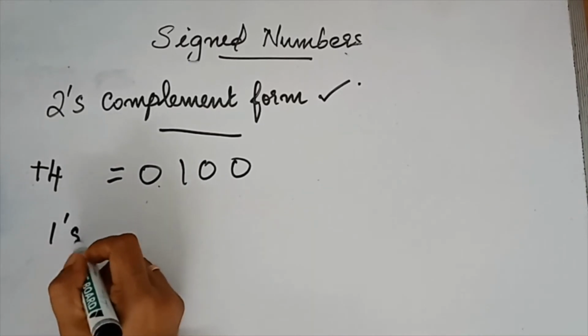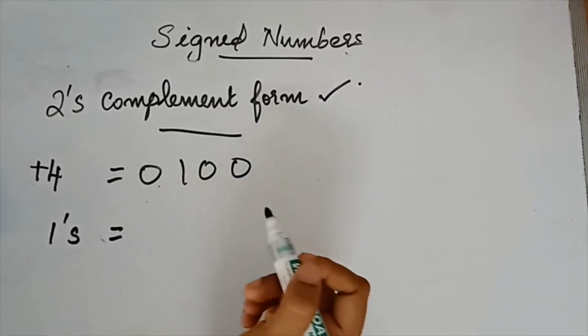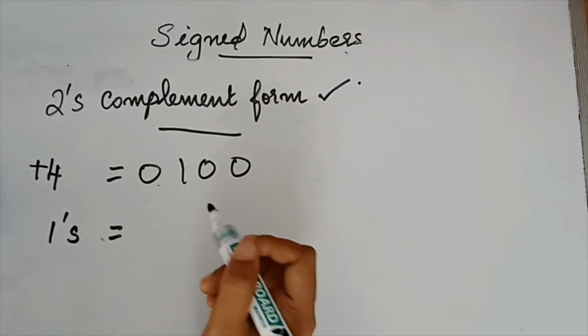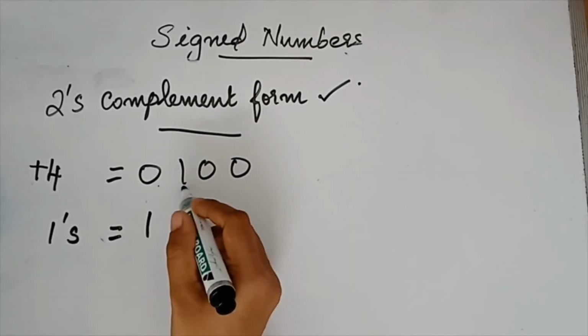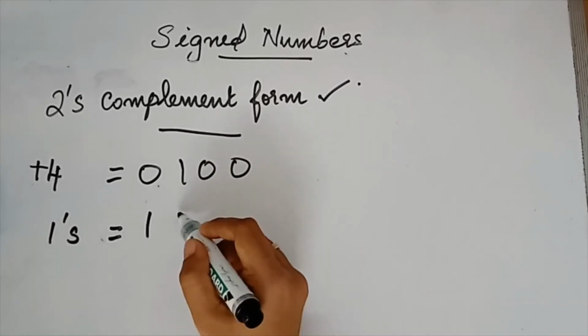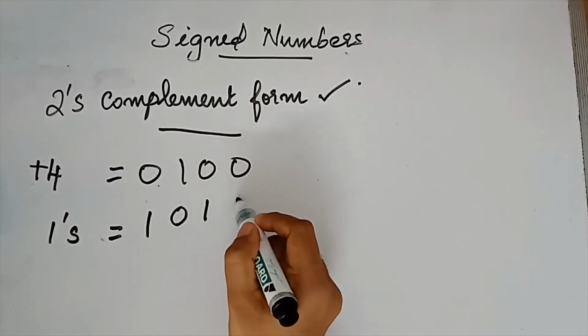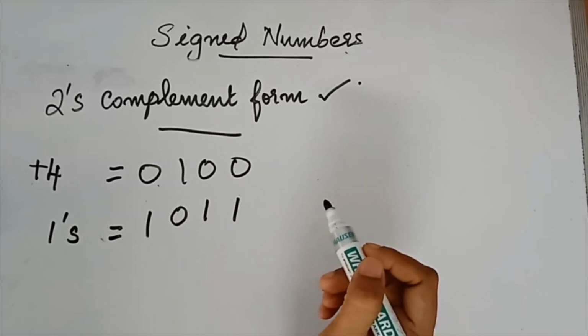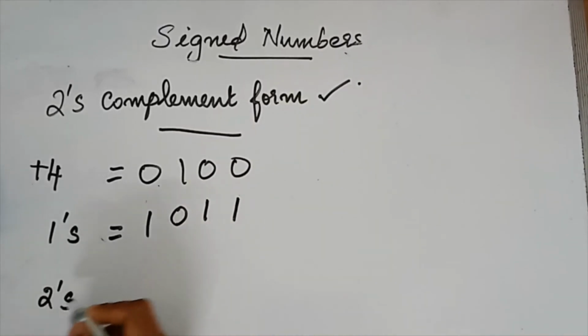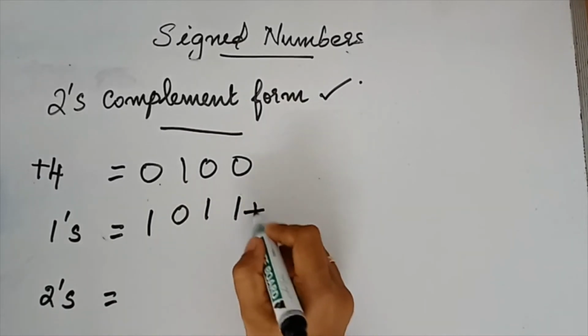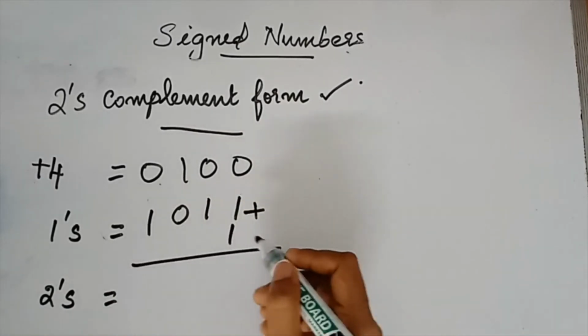Then take the 1's complement. So 1's complement is what? All the bits are complemented. 1, 0, 1, 1. And to find the 2's complement, add 1 to the 1's complement form.